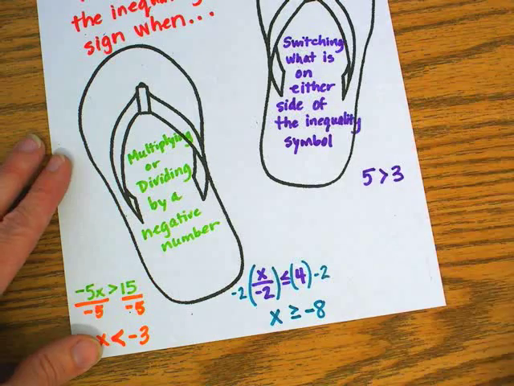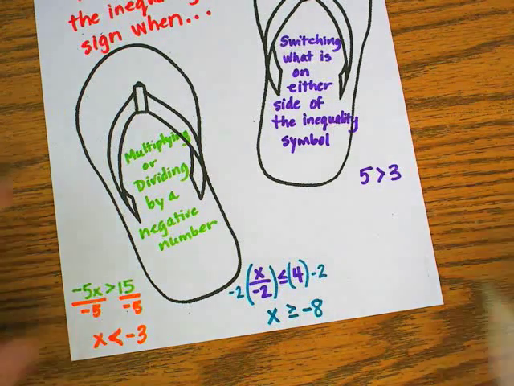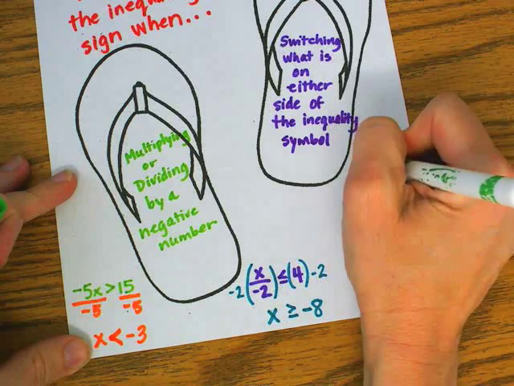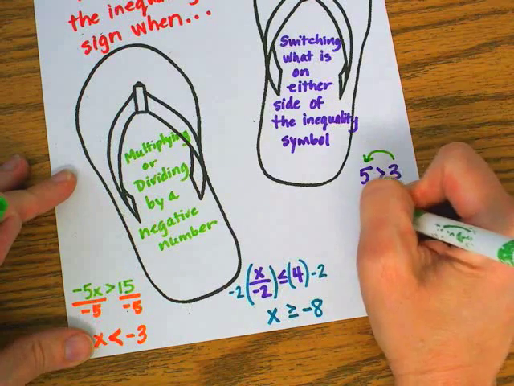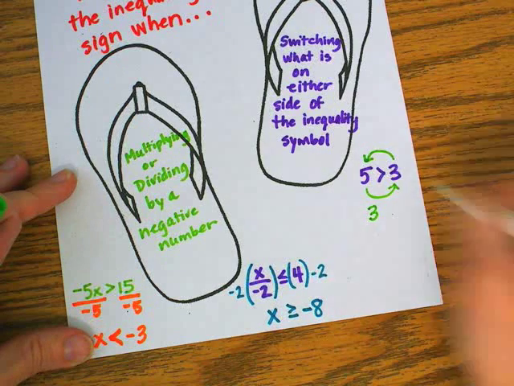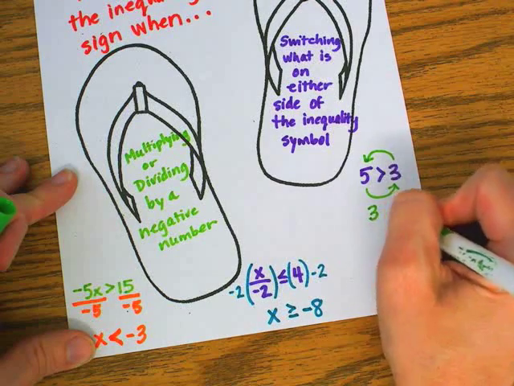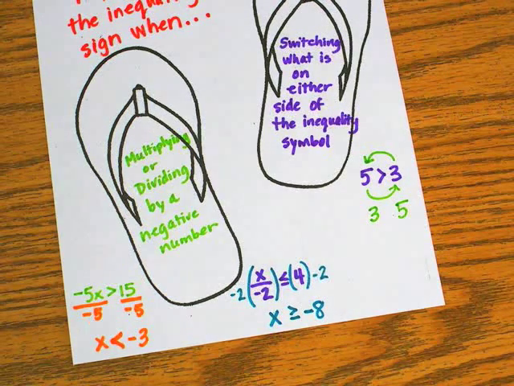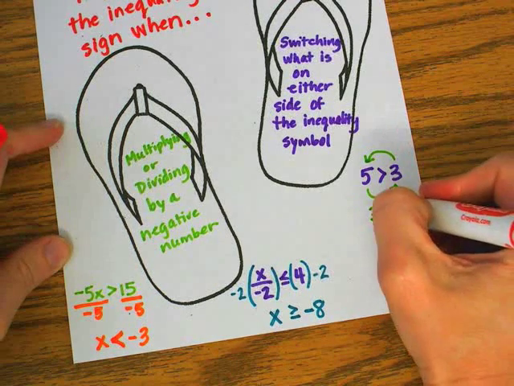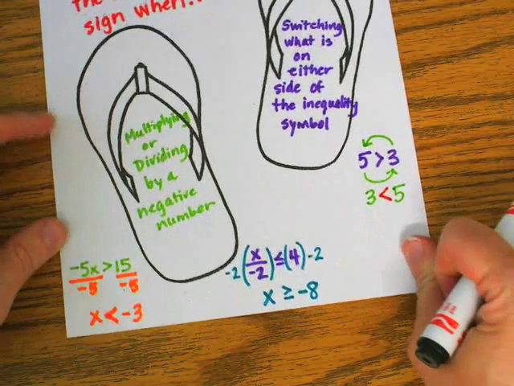We know that's true. But if we switch the numbers to the opposite sides, and 3 goes to the left, 5 goes to the right, then if we kept the inequality symbol the same, that would mean that 3 is greater than 5, and we know that's not true. So when you switch what's on the left to the right and vice versa, you have to switch that inequality symbol. So instead of 3 is greater than 5, we change that to 3 is less than 5. We flip-flop the inequality sign.